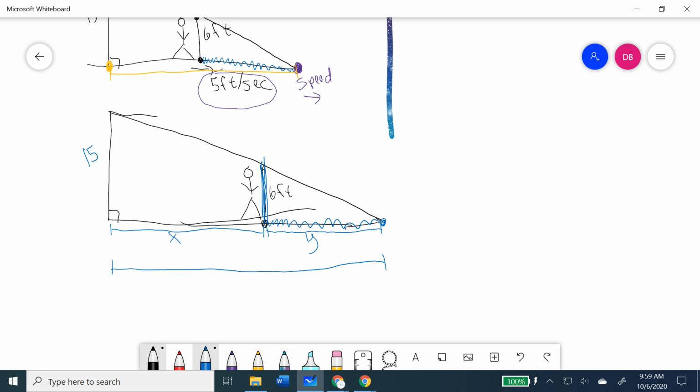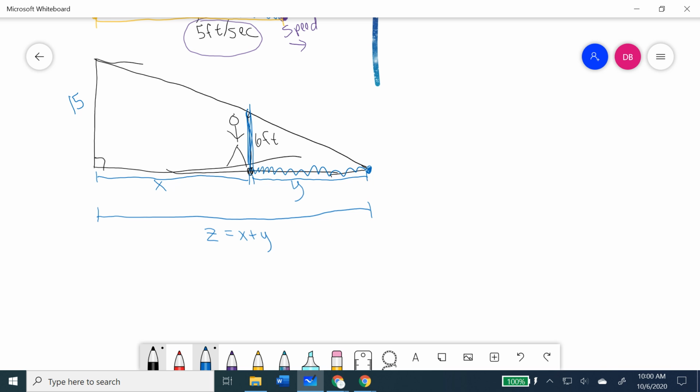And how about we come up with a letter just to make it easier on ourselves? I'll use the letter Z. And I'm going to mention Z is X plus Y. But know that if you want to know the speed of this moving point, you need to know dz dt, not dy dt.